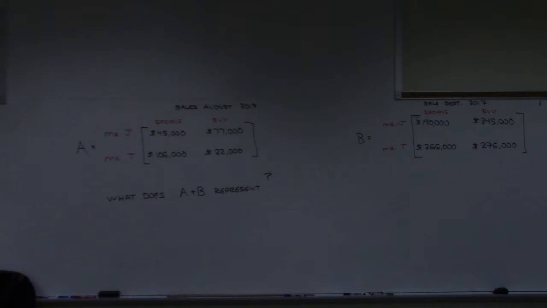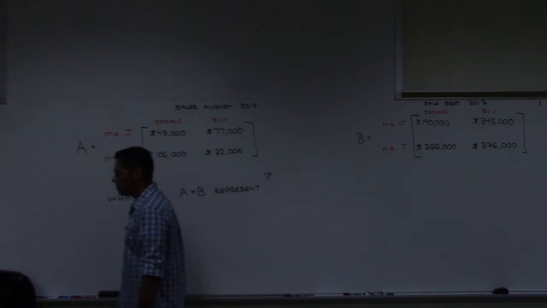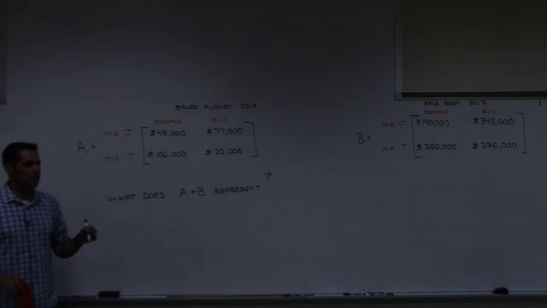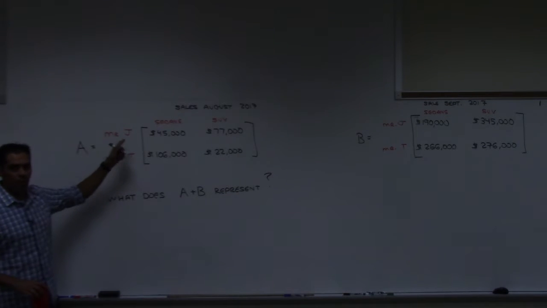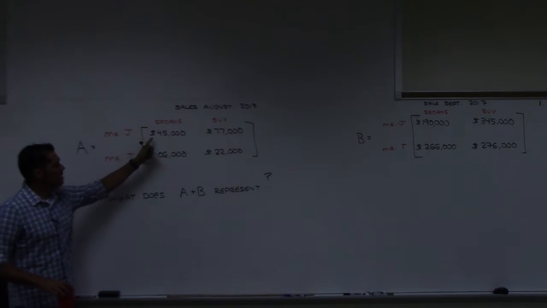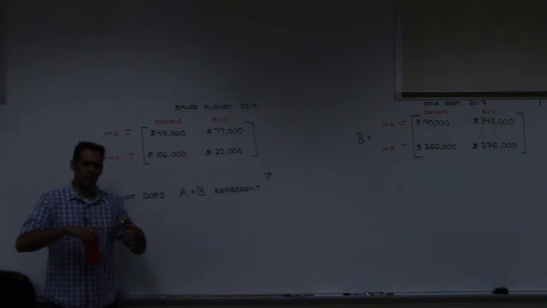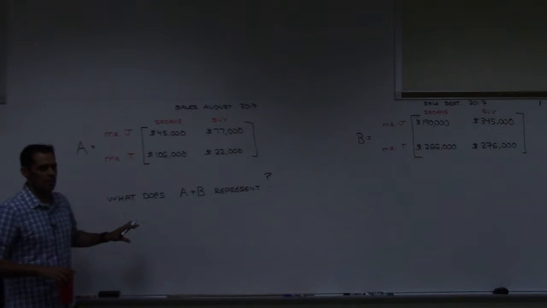How do you mean? Elaborate. Total sales of something, not of how much each of them sold. How much sedans Mr. J sold? Total, right? Total sedans and SUVs. But is it going to be together or separate? Because our answer should be what size matrix? It should be a 2 by 2, right?